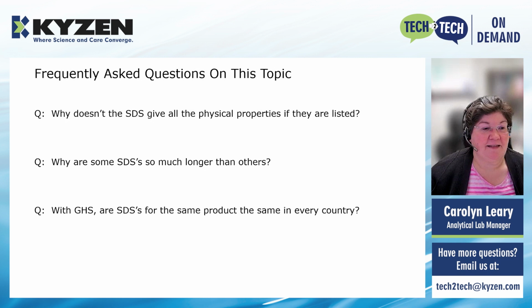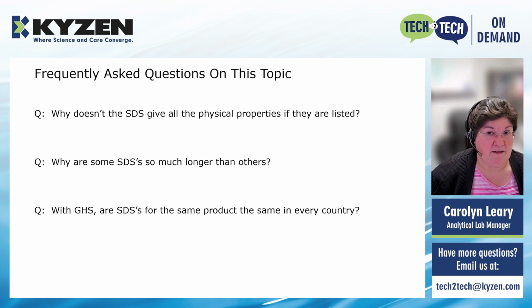Okay, and the next question. With GHS, are SDSs for the same product the same in every country? I've said this in my other talks in this series: it's important to know that no, they may not necessarily be the same for each country.